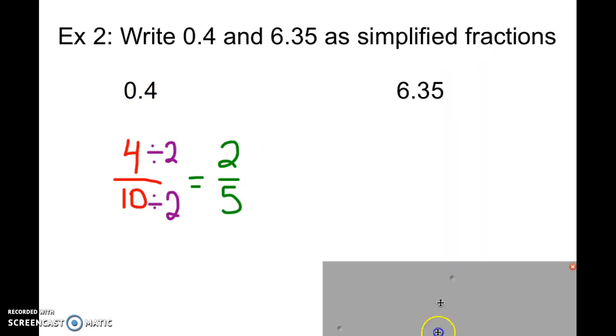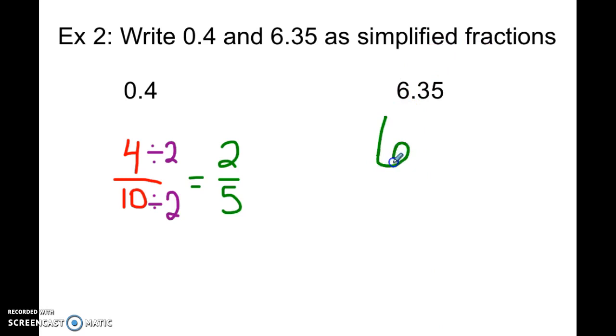For 6 and 35 hundredths, we're going to approach it the same way. We've got our whole number, so I'm going to go ahead and write this larger there. And then write it how you say it.